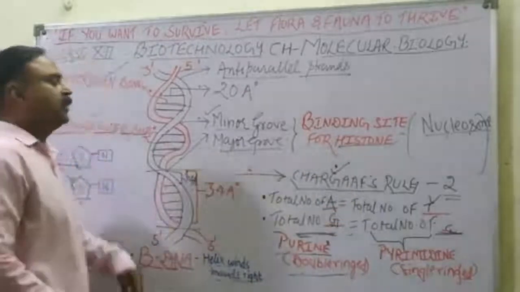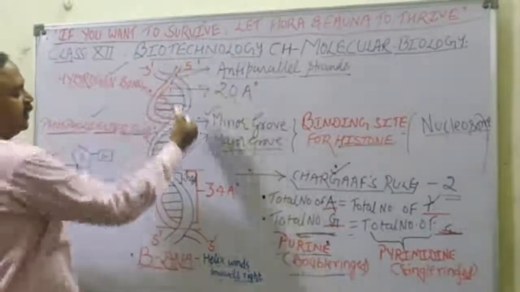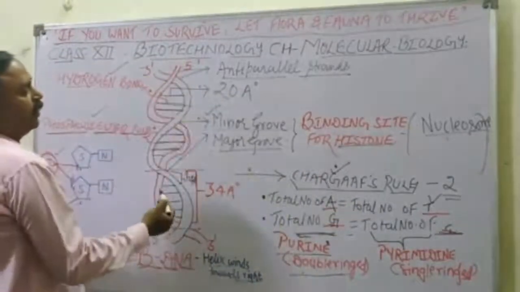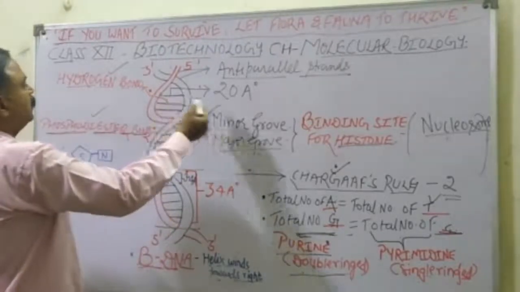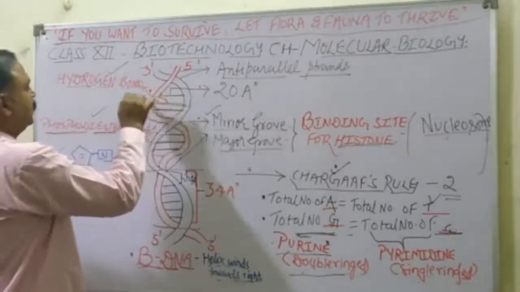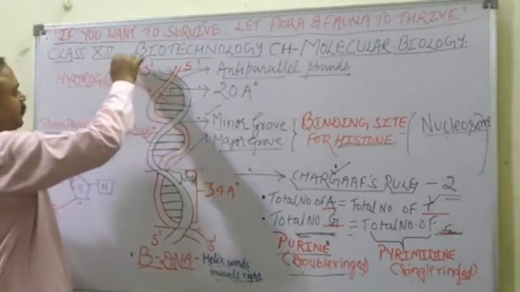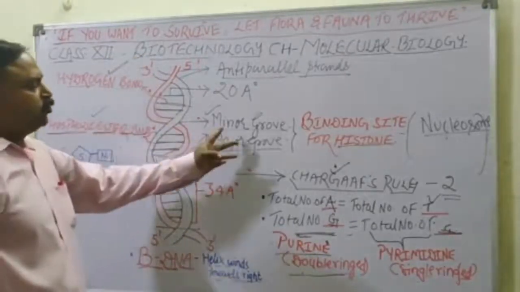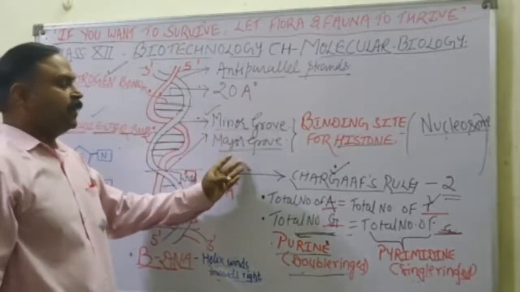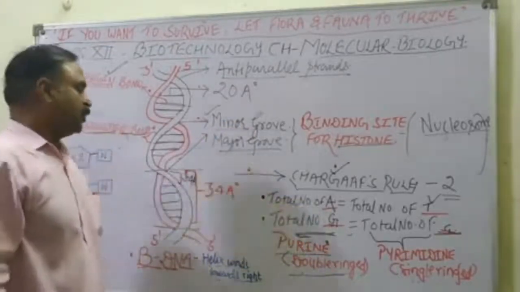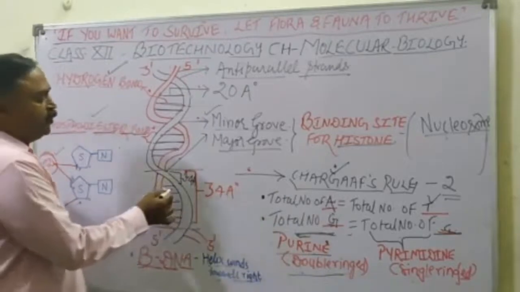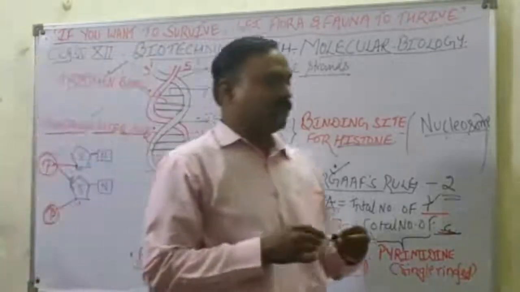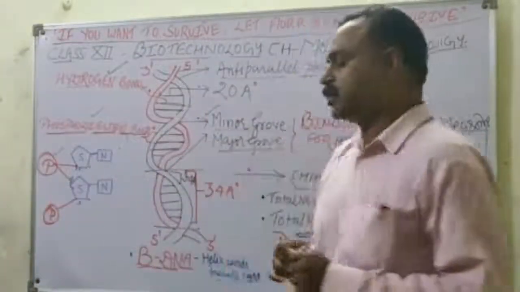So remember, children, after drawing this diagram, you have to add in your notes the distance between two strands, how the hydrogen bond is formed, then what is phosphodiester bond, about the minor and major grooves, and ultimately Chargaff's law. The distance between two nucleotides is 3.4 angstrom.